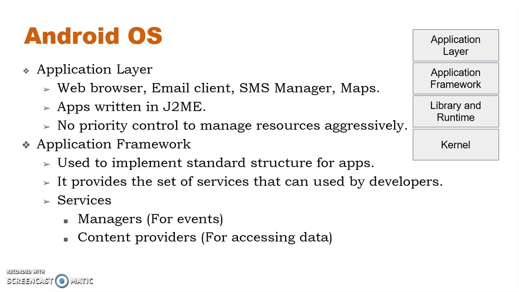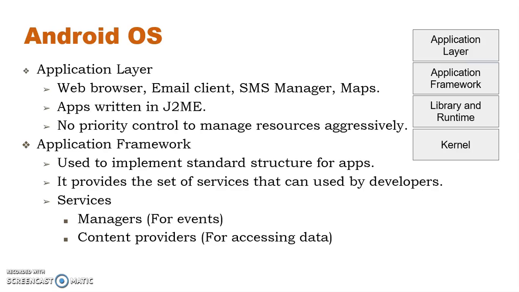I have listed here the Android operating system layers: application layer, application framework, libraries, and runtime, kernel. The application layer consists of the web browser, email client, SMS manager, maps. These are some of the applications, written in J2ME, Java 2 Micro Edition.